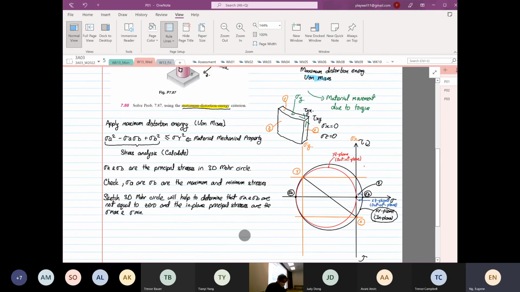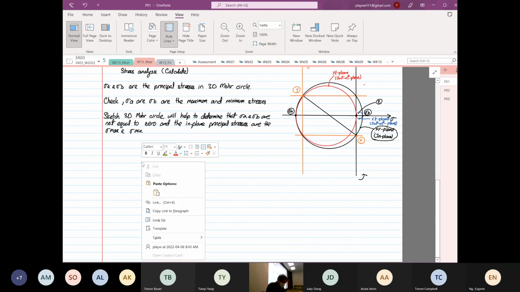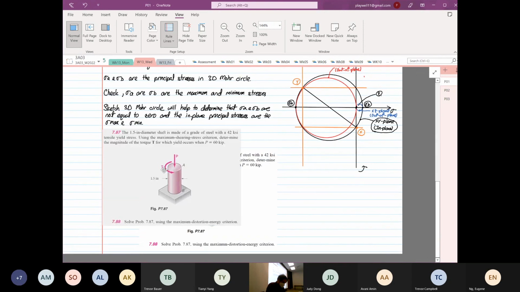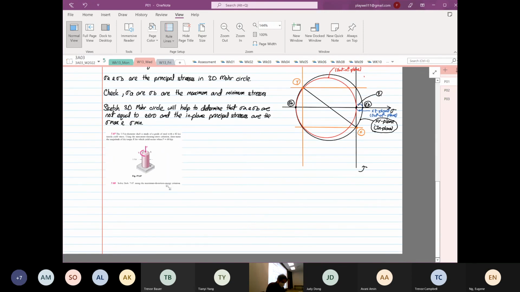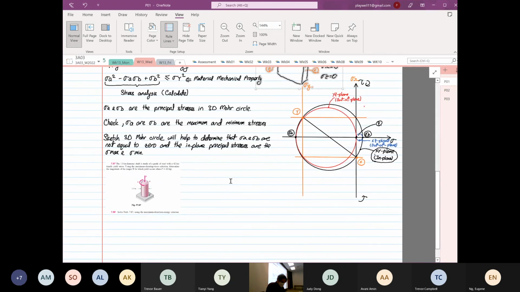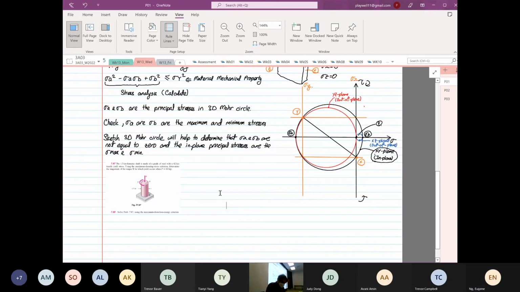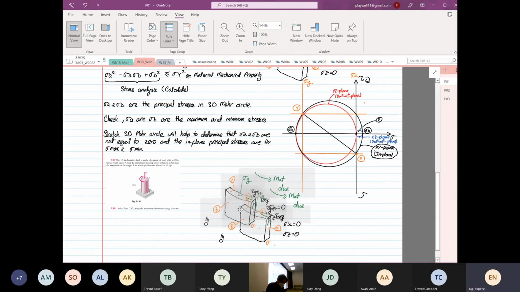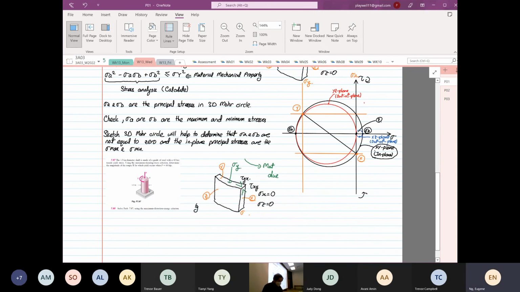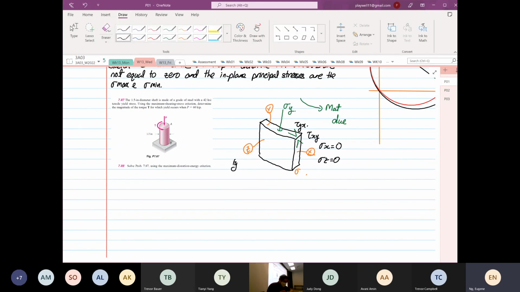So from the question, okay, I'll paste this question. Right? And then I'm also going to get the element. Yeah, it works now. Right? So by looking at the element, we can calculate stress Y. And stress Y is just due to what?